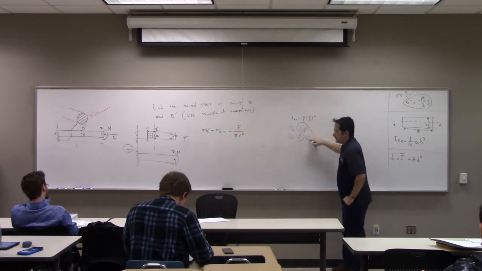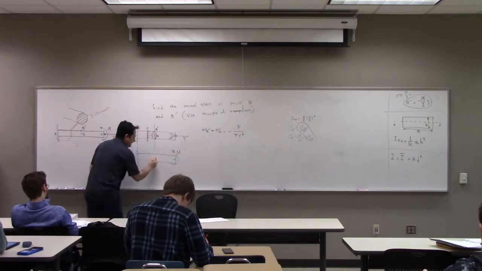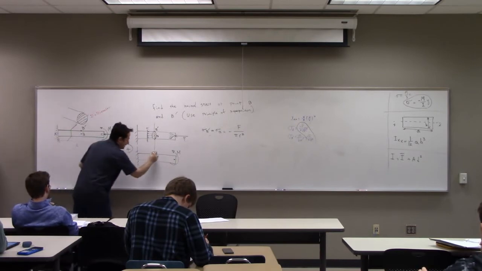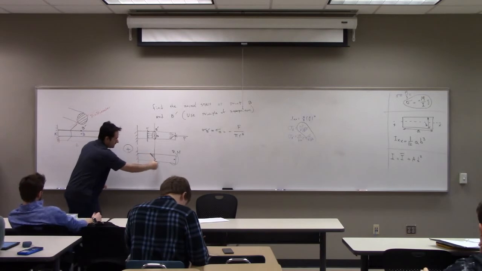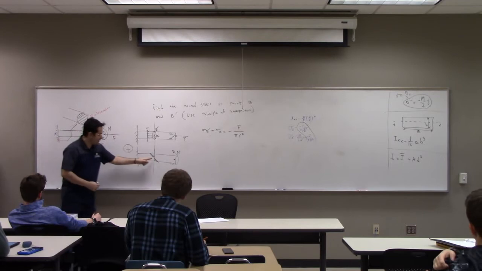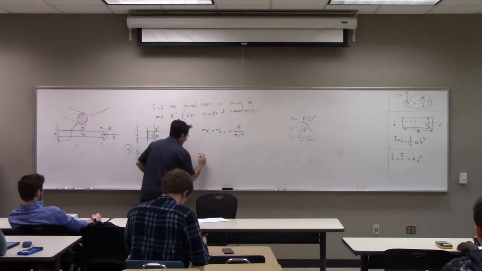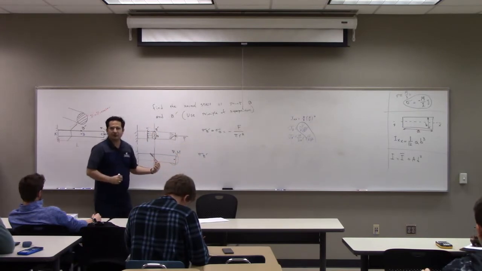Now, what about this point? When we have only bending moment here. When we have a bending moment, then I'm going to have something like this. Right. Compression, tension. So top is compression, bottom is tension. And the center is 0. So here I can write sigma B prime. Are they equal in this case? Yes or no?